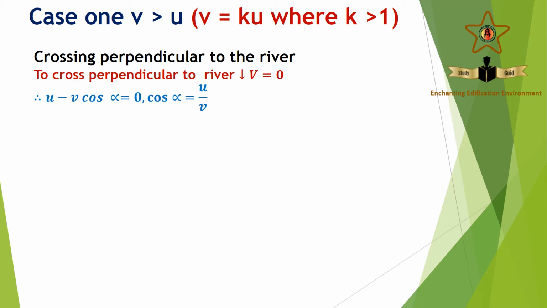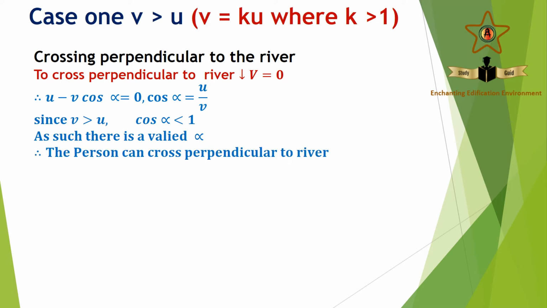That is, u minus v cos alpha equals 0. Cos alpha is going to be u over v. Since v is greater than u, cos alpha is less than 1, which means there is a valid alpha, that is, the person can cross perpendicular to the river.